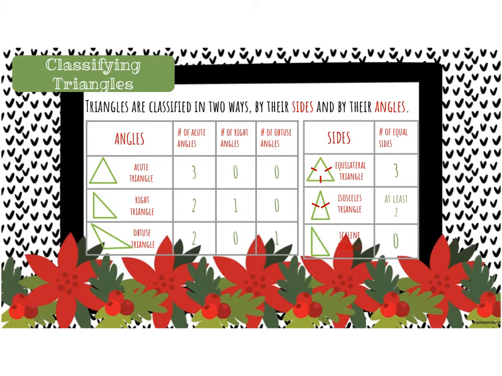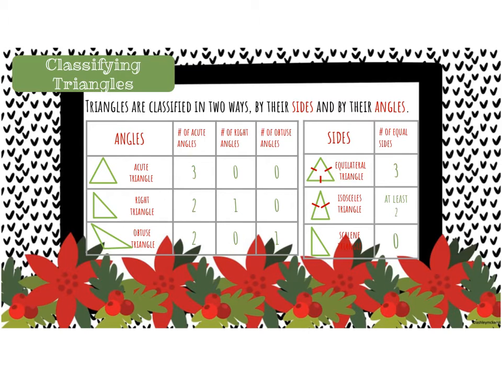It's called an acute triangle if all three angles are acute. It cannot have a right angle, it cannot have an obtuse angle. All three of my angles have to be acute if you're going to name it an acute triangle. If it's a right triangle, it will have exactly one right angle.